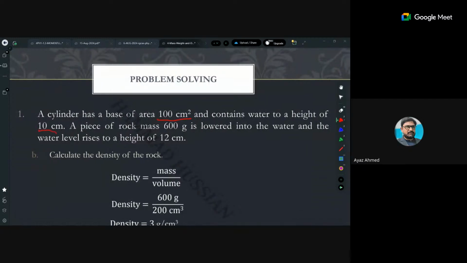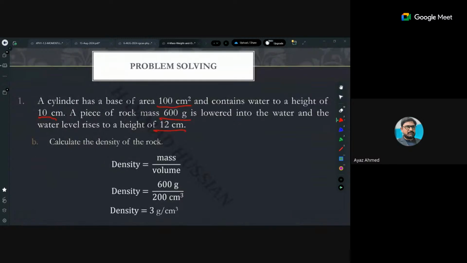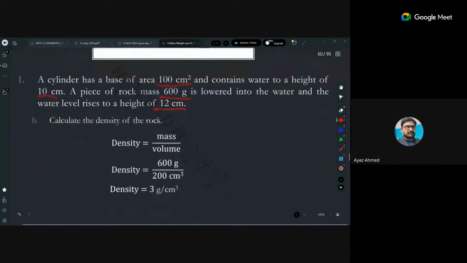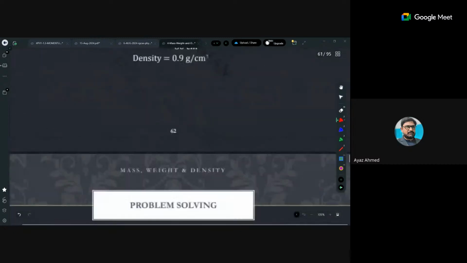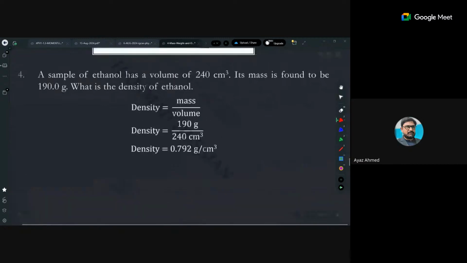A piece of cork of mass 600 gram is lowered into the water and the water level is raised to 12 centimeter. Calculate the density of the rock. अभी आपको ये वाली चीज नहीं समझानी। This is the kind of question I was looking for: a sample of ethanol has a volume of 240 cubic centimeter and it has mass 190 grams, what is the density of that?